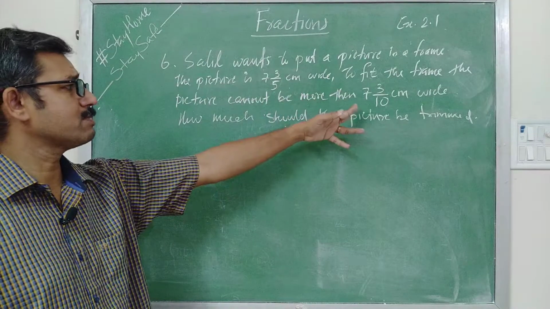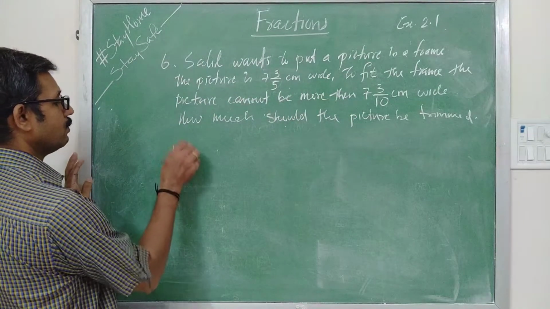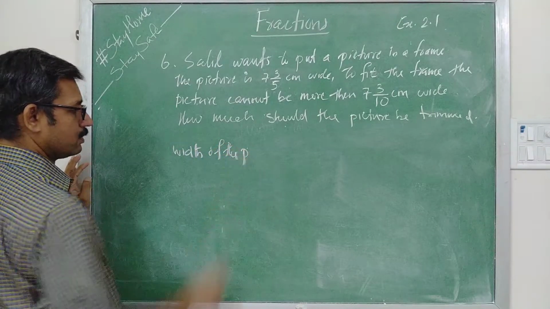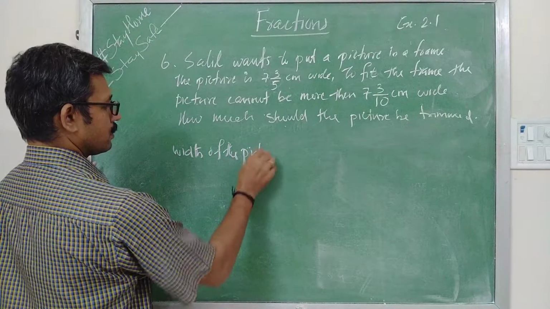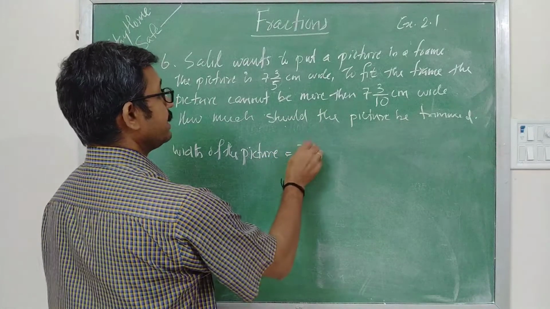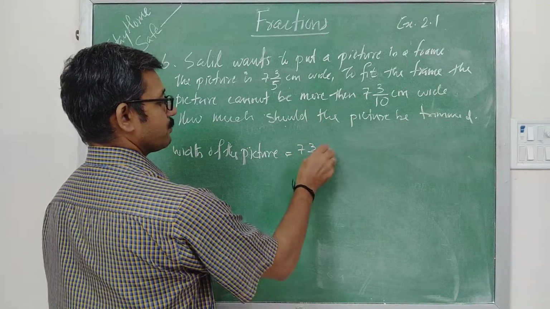First, the width of the picture is 7 integer 3 upon 5.